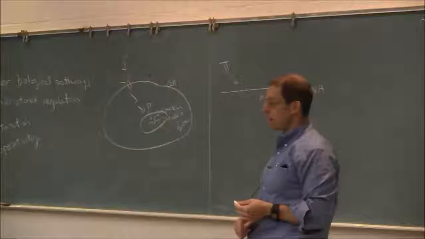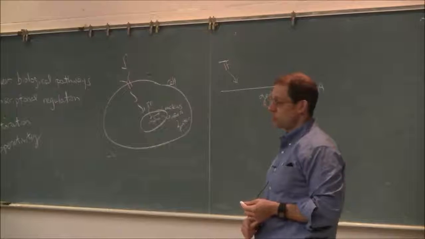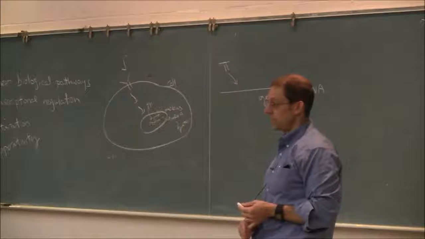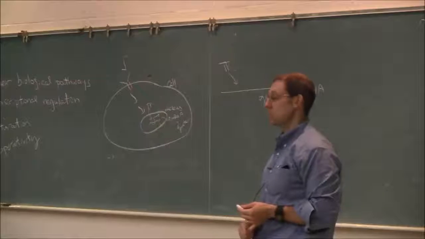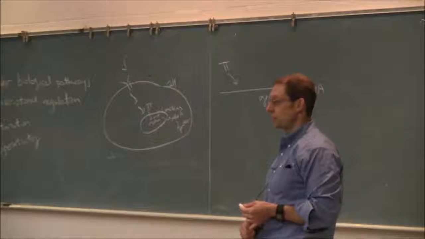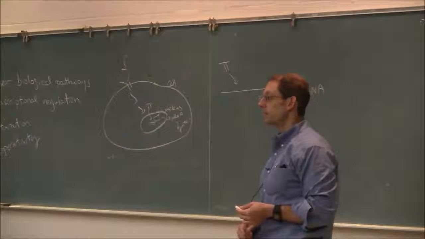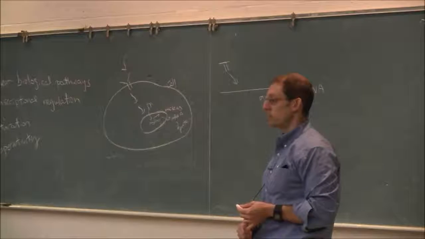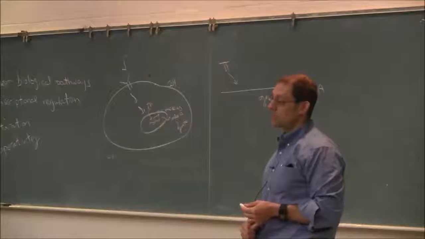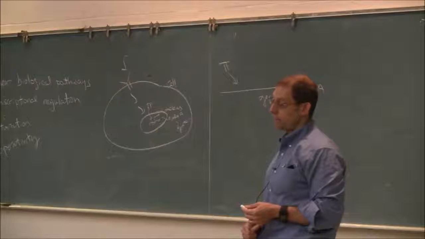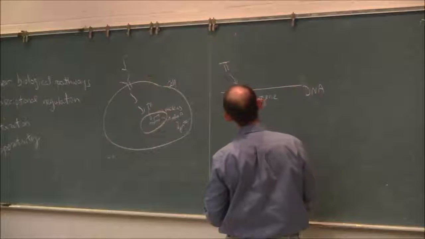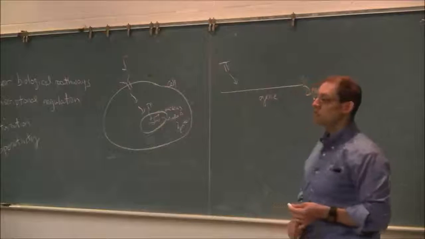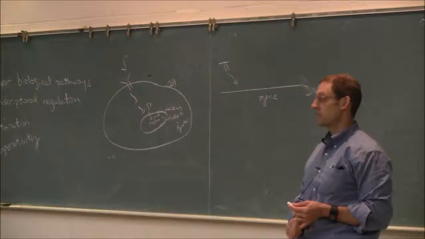We have two copies of most genes, one maternally inherited, one paternally inherited. Other organisms are pure haploids, so most bacteria only have a single genome in them. Yeast cells that are used in the lab for experiments are usually haploid. So most genes we only have a single copy of, which means that there's only so much activity you can get out of a single gene.